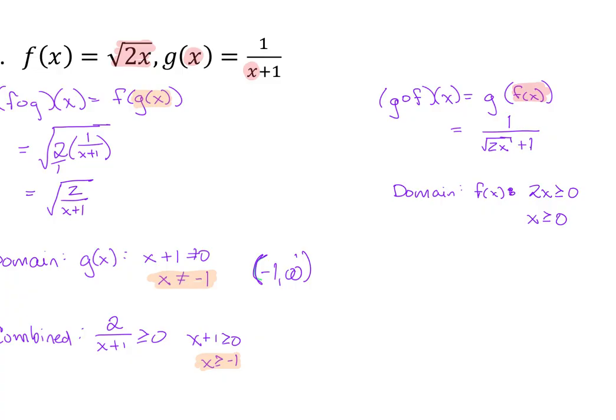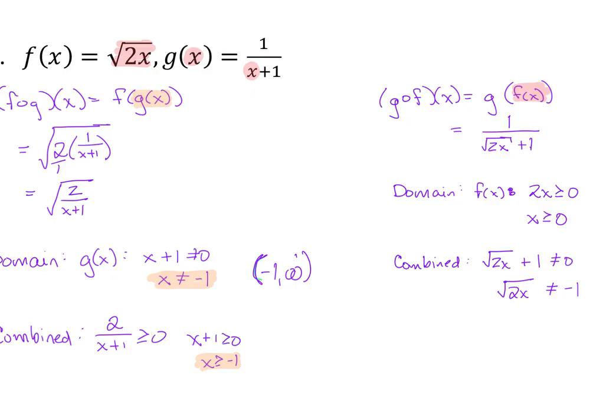Now for our combined function, we need to have that the denominator is not equal to 0. But if we try to solve this, we get the square root of 2x is not equal to -1.